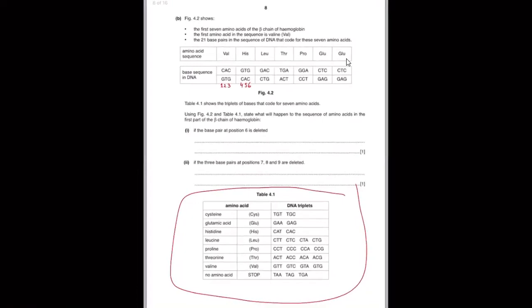Base pair at position 6 is deleted. Okay, this is the base pair at position 6. GC is deleted. If GC is deleted, try to see what code of DNA you end up with. Is the reading frame changed or is it not? Yes, it is. Acha, theek hai. How is it changed?